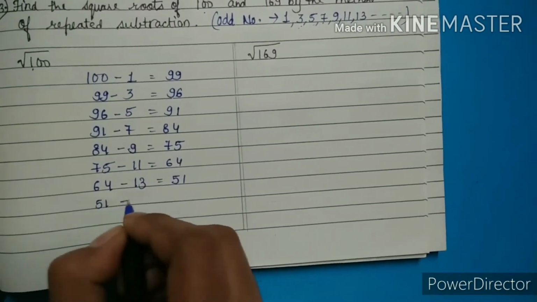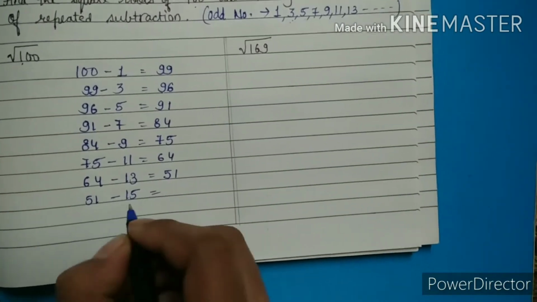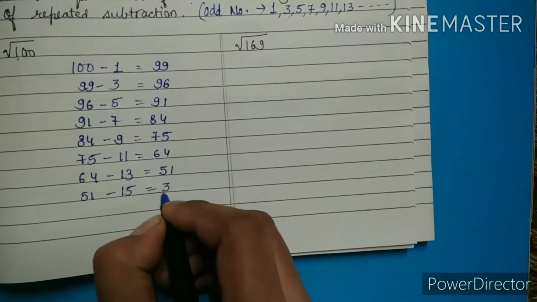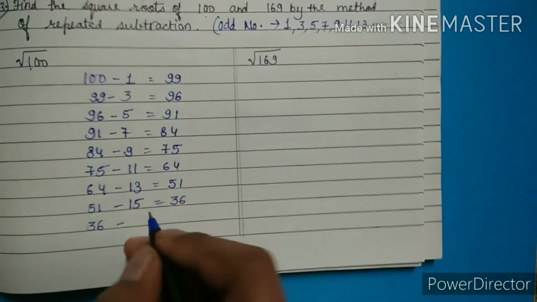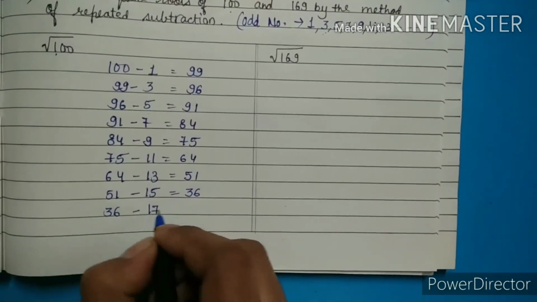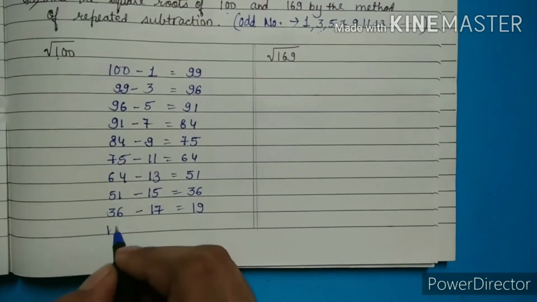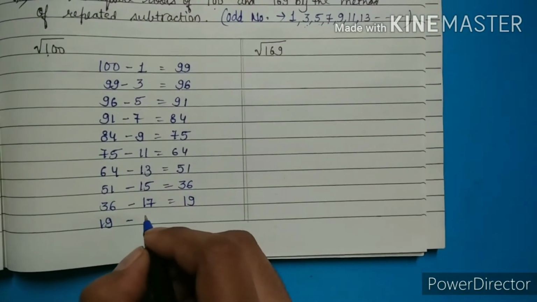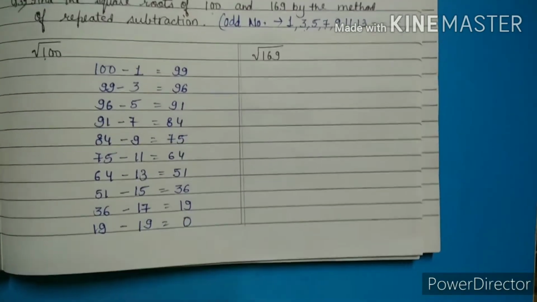Now 51 minus the next odd number, 15, gives us 36. Then 36 minus the next odd number, 17, gives 19. Now 19 minus the next odd number, 19, gives 0.